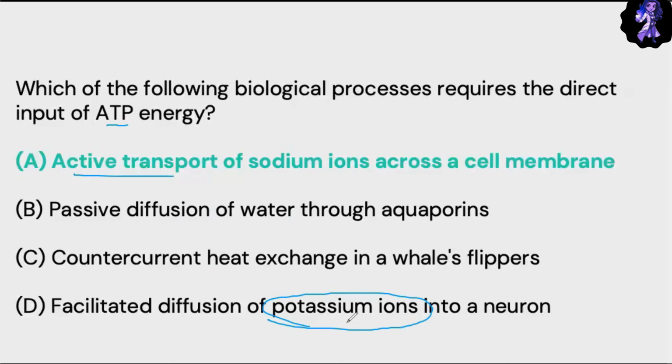While that might be the case, they don't have any sort of ATP associated with facilitated diffusion, and that's why D isn't the direct perfect answer. C also is a trap in the answer choice because it talks about indirect ways of ATP, and we're trying to look for direct input. So that's why C wouldn't be favored, and D, once again, is just the opposite of active transport, which is passive. So I hope this helps.